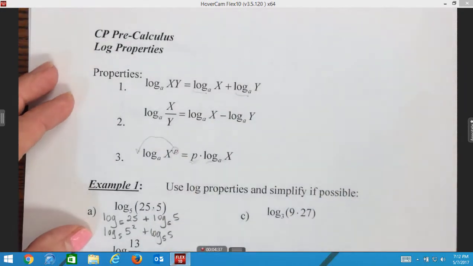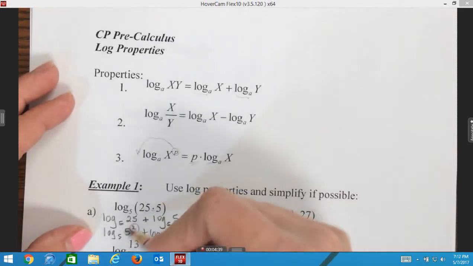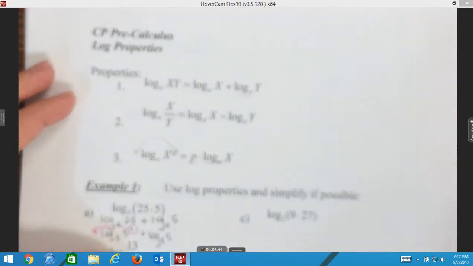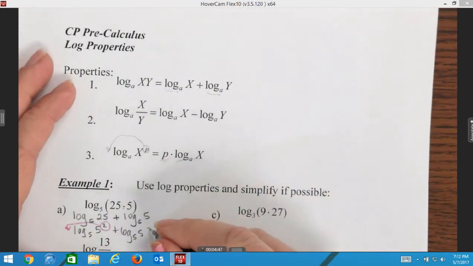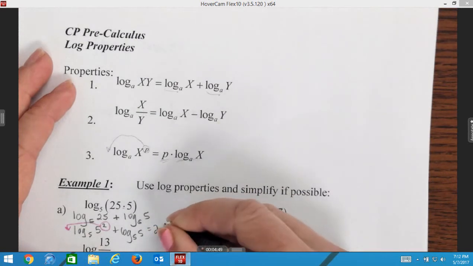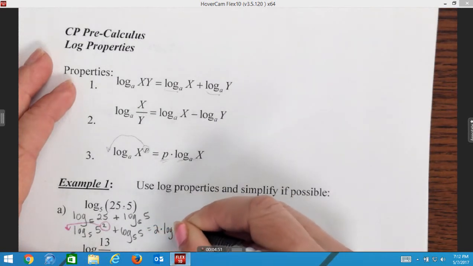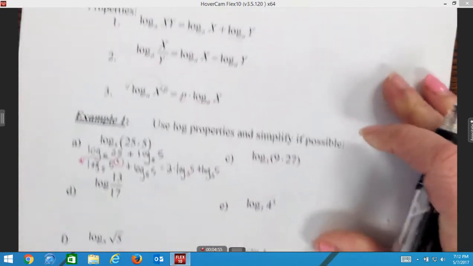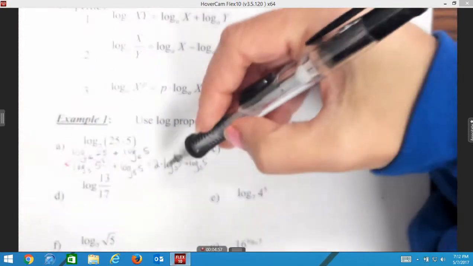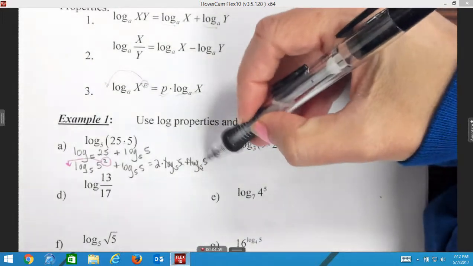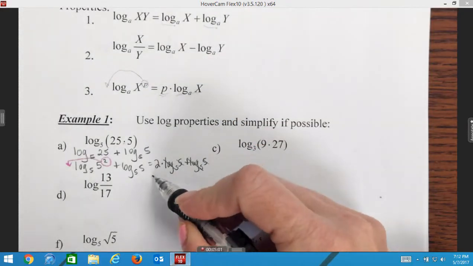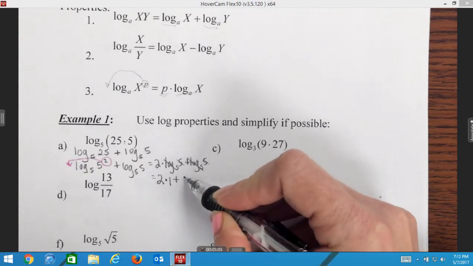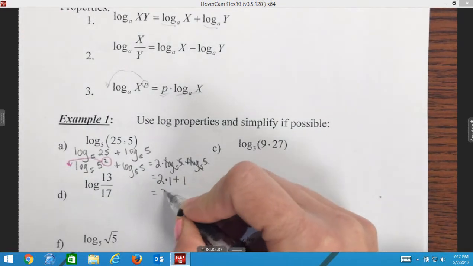That squared right here goes in front and it multiplies. So now we have 2 times log base 5 of 5 plus log base 5 of 5. Sorry, I'm going off the paper a little bit. And those will cancel, we will get 2 multiplied by 1 plus 1. So the answer is 3.